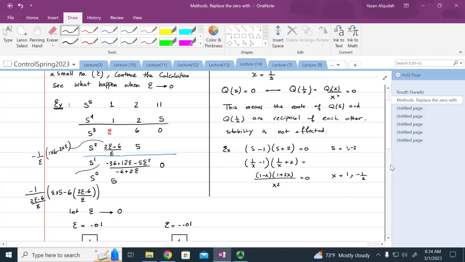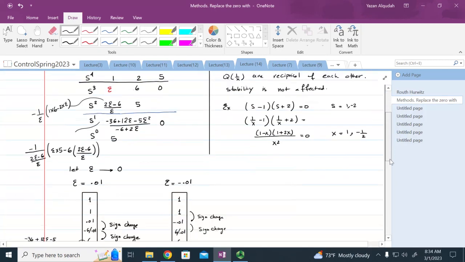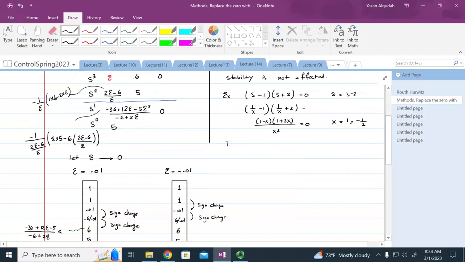Okay, so going back to our polynomial. So to proceed with the previous example, the polynomial that we had was s to the 5 plus 2s to the 4, plus 2s cubed, plus 4s squared, plus 11s plus 10.